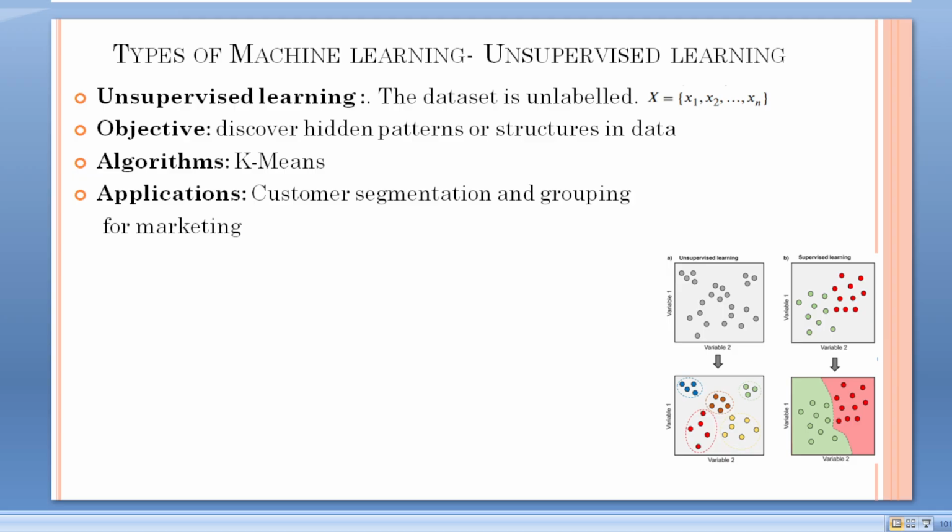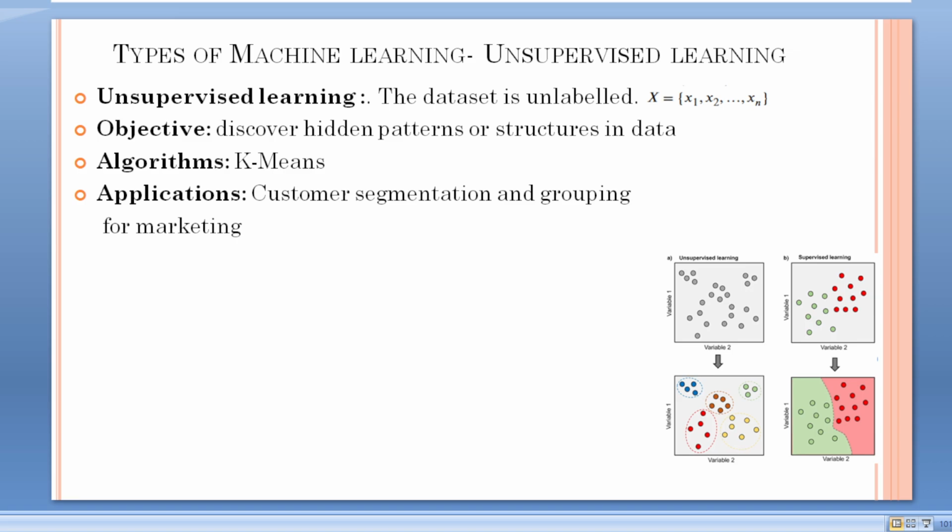As you can see in the diagram below, on the left hand side, all the data is in black color. When this data set is given, it is grouped into several clusters like a blue cluster, red cluster, green cluster, yellow cluster.